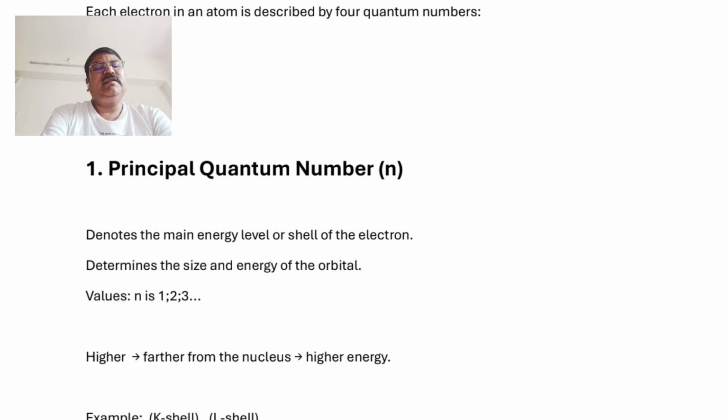So very simply, the principal quantum number is defined as the quantum number which explains the main energy level or shell of the electron and determines the size of the orbital. It is denoted by the letter n, with whole number values like 1, 2, 3, 4, etc. So the energy level is explained by the principal quantum number.